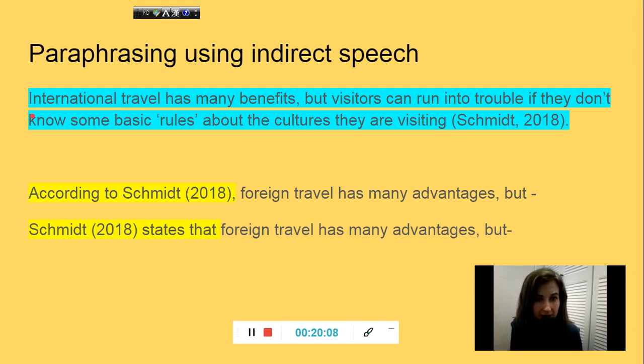International travel has many benefits, but visitors can run into trouble if they don't know some basic rules about the cultures they are visiting. And here you can see we had Schmidt, 2018. So that's how we're going to cite it in the text.